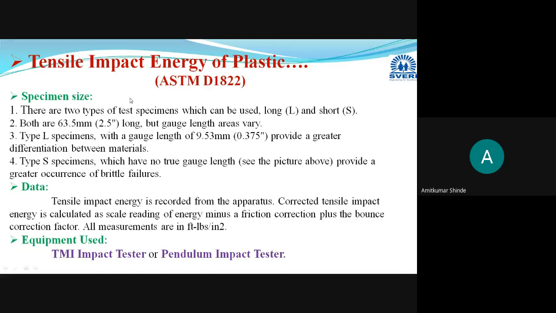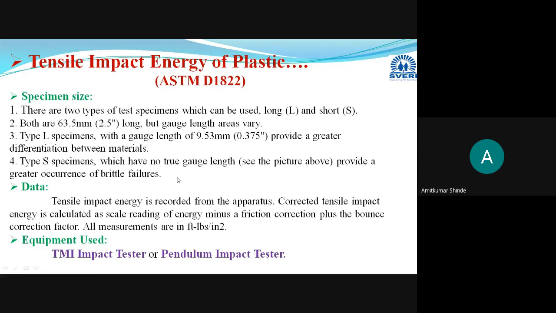Now in this case, you can prepare the specimen in two ways. You can prepare one long specimen, denoted by L, and you can also prepare a short specimen, denoted by S. Whenever you are preparing the long specimen, the gauge length is 9.53 millimeter.